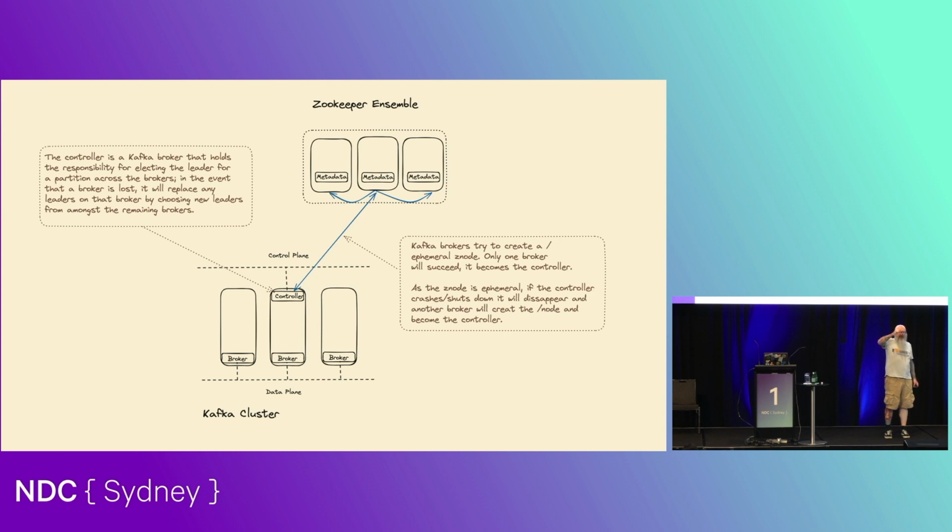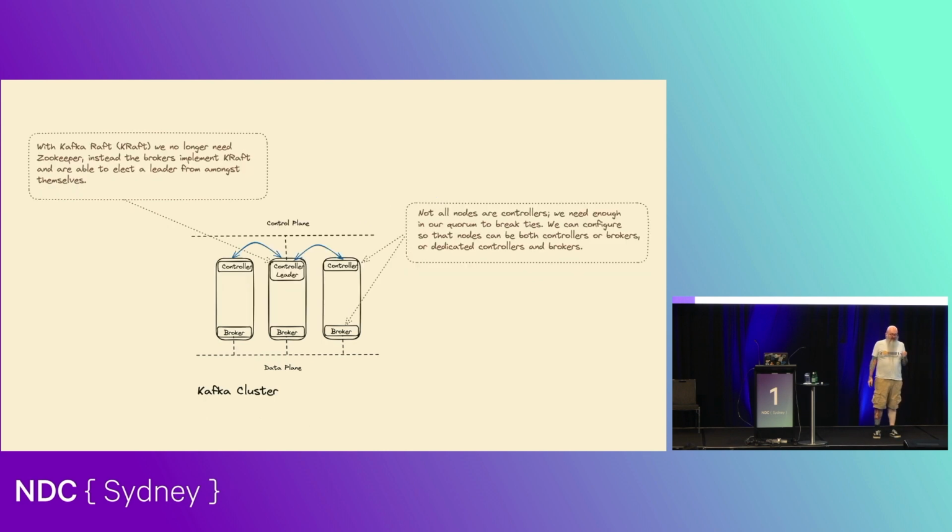If you disconnect from the Zookeeper cluster, the assumption being you've crashed or gone down, then the ephemeral node you created disappears. One of the others that's constantly trying to create the ephemeral node wins, and now it's got the root, and therefore it becomes the controller of the cluster. So essentially, the way we do leader election is to win at creating the root node in a Zookeeper ensemble. That's all a little complicated.